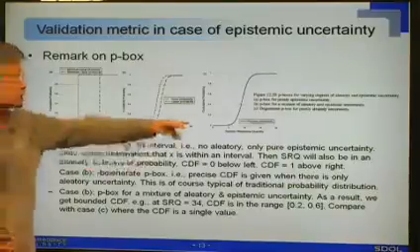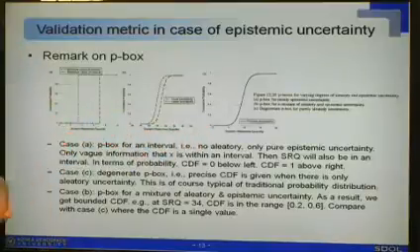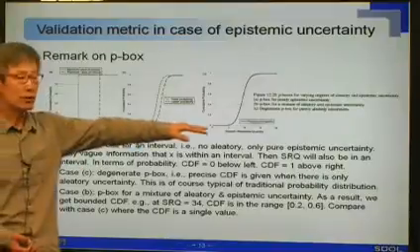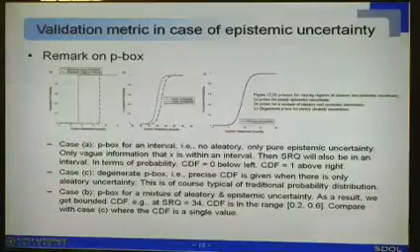Case C is, again, the opposite case, when we have aleatory uncertainty only. And case B is in between, a mixture of aleatory and epistemic uncertainty.